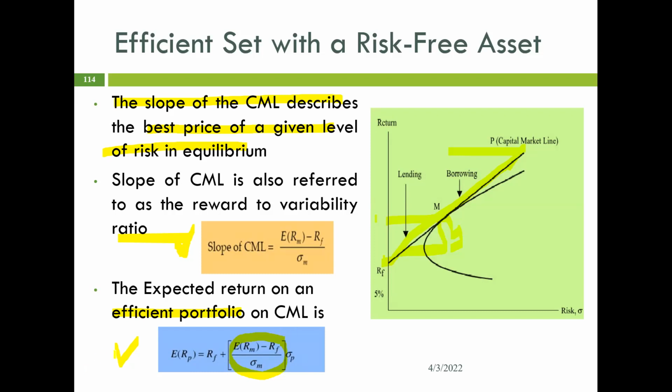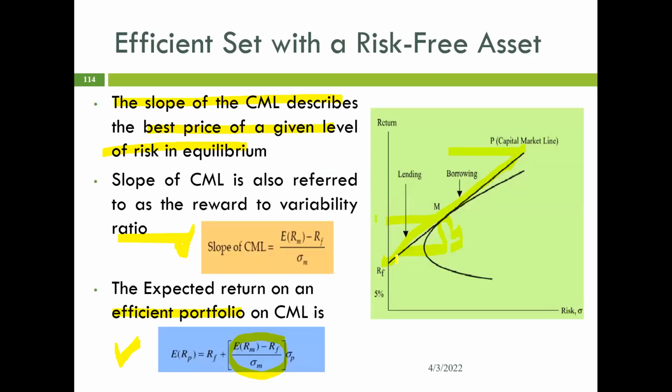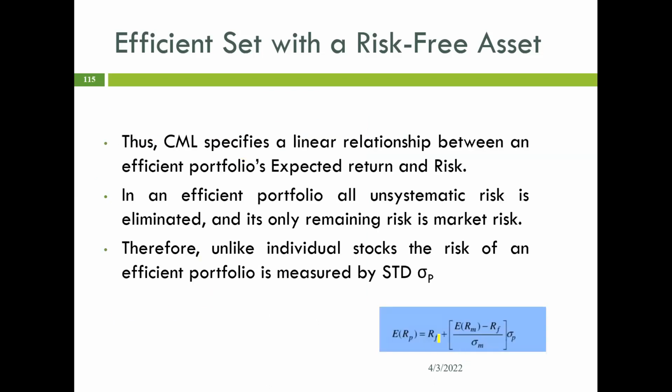So therefore you can use this capital market line to forecast expected return on the CML. Thus, CML specifies the linear relationship between the efficient portfolio's expected return and risk.